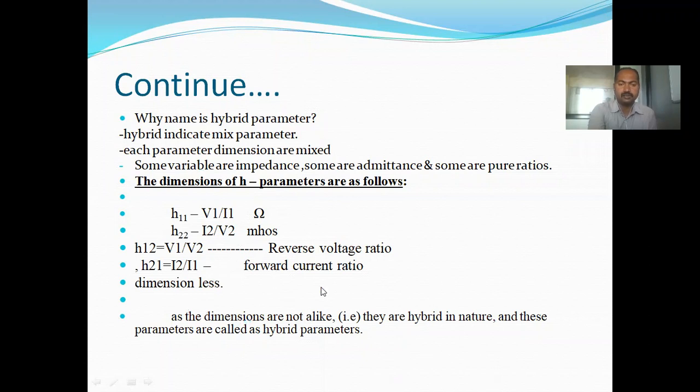These are the things we require for the calculation of the CE, CB, CC configurations, as we have seen in this lecture. Now see, what are the CB, CC configurations? These are the configurations we have taken for analysis in our discussion in further sessions.